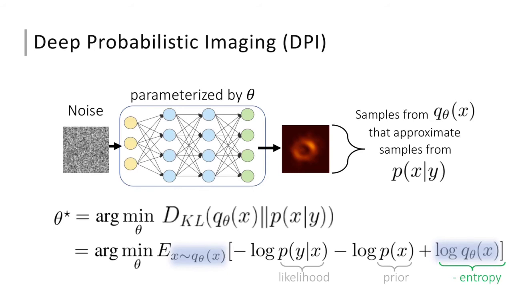In order to accomplish both goals, in DPI, we use a particular type of invertible generative model called normalizing flow. This type of network can be executed in both directions. As a result, we can easily generate samples from noise using the forward pass and easily compute the entropy loss using the inverse pass.